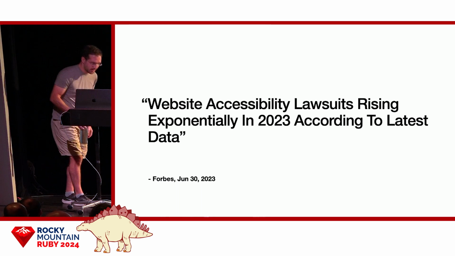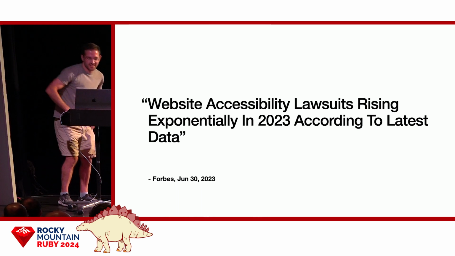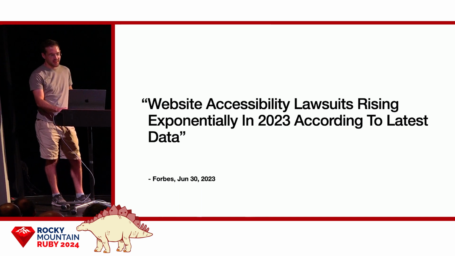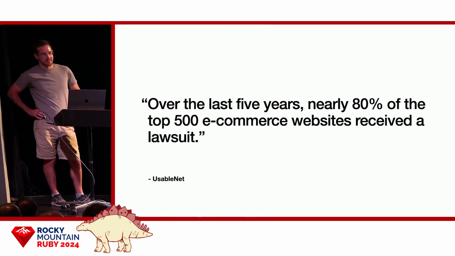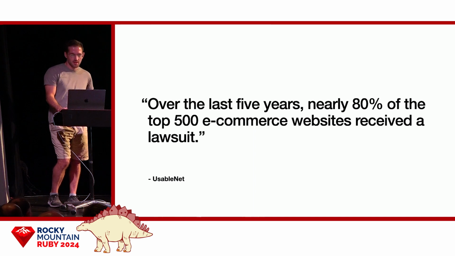But I showed this slide to my colleague earlier this year, and she's like, "Yeah, that's kind of impressive, but did you know that in the last 5 years, 80% of the top 500 e-commerce websites in the world have been sued over accessibility?" It's like most of them. So if you're in the 20%, this talk is for you. Well, maybe you're doing a great job and you didn't get sued because of it.